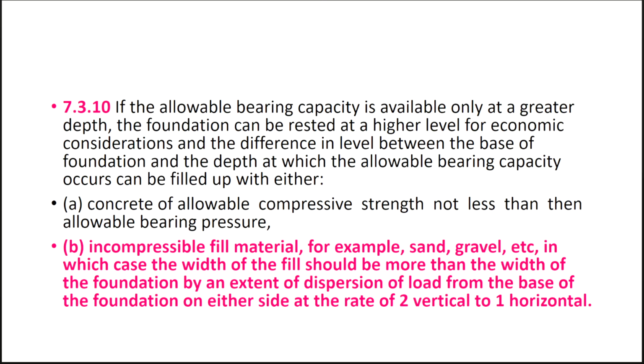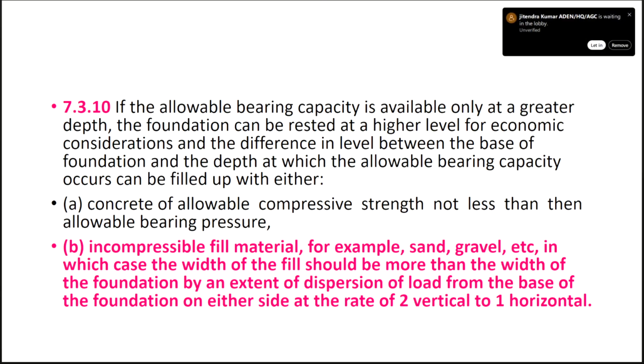So I need to do that entire width of 4 meters with this new incompressible fill material or whatever the muram you are putting. Normally what we do is that only the width of the foundation we put that incompressible material or the muram or the sand or the gravel. So somewhat more clarity as to how it has to be done. Clear?